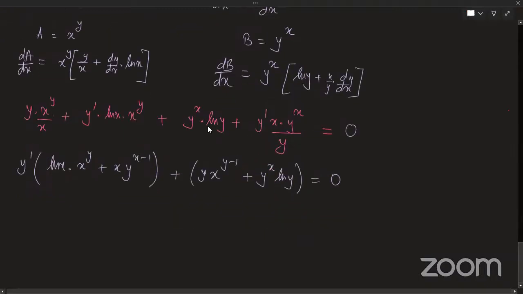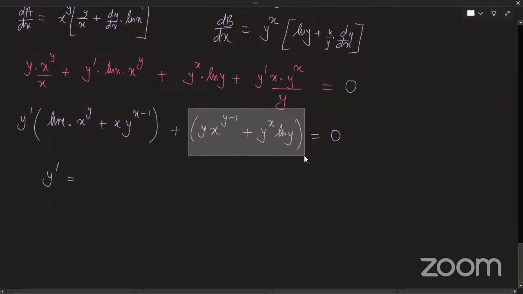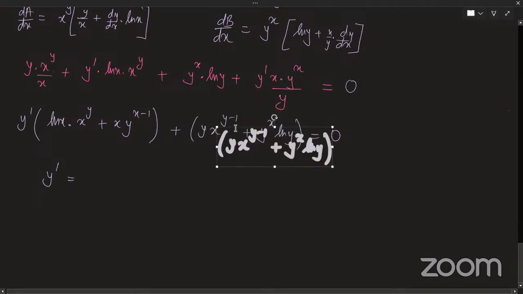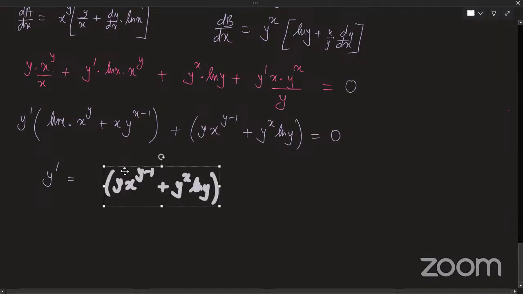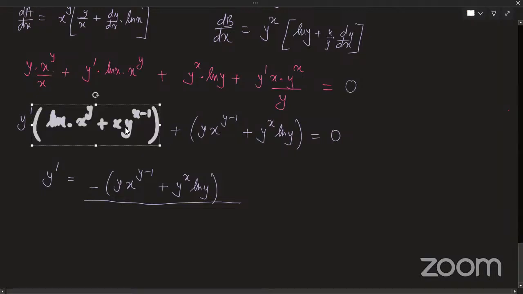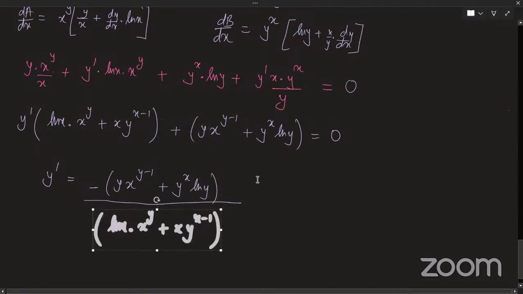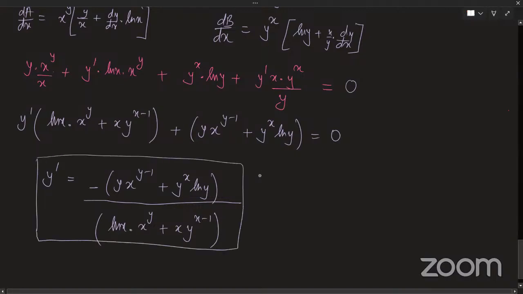How should I do it? y dash is equal to minus y raised to x into ln y plus y into x raised to y minus 1, of this thing, divided by ln x into x raised to y plus x into y raised to x minus 1. Great. This is correct. So this is my final answer. Okay, correct. This is my final answer.